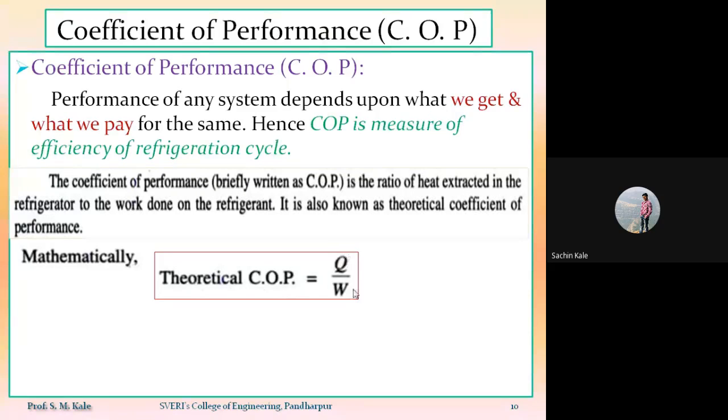So here whatever Q term is there at the numerator, that is nothing but output, and that Q term is called the amount of heat absorbed, that is also called the refrigerating effect.